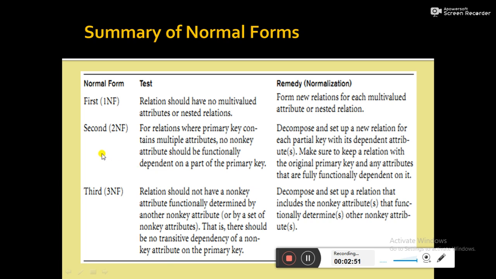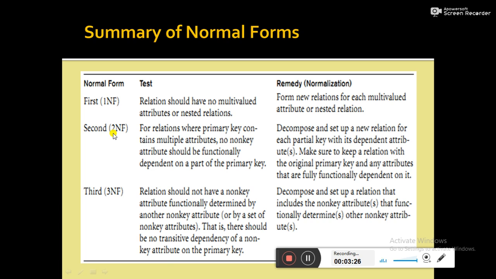Next, 2NF, the second normal form. A relation is in 2NF if all the non-prime attributes are fully functionally dependent on the composite primary key. Again, I am repeating, if all the non-prime attributes are functionally dependent on the composite primary key, then it is known as 2NF.